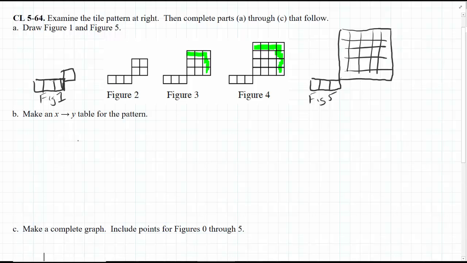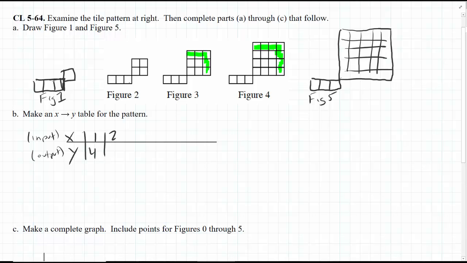Okay, as far as an XY table, well, let's see. We have X and Y. Okay, and figure X is going to be the input. Figure Y is going to be the output, or the number of tiles. Okay, so at figure 1, there were 4 tiles.